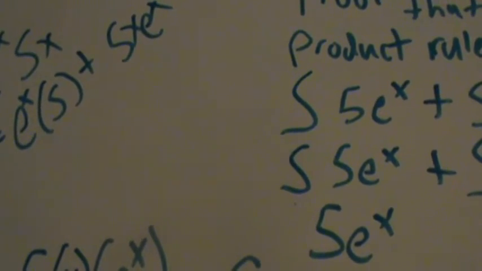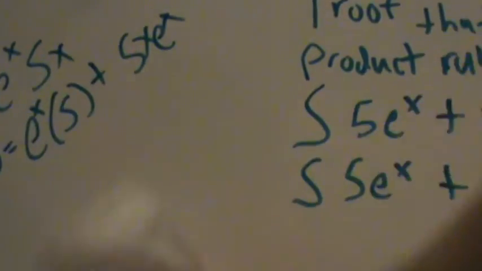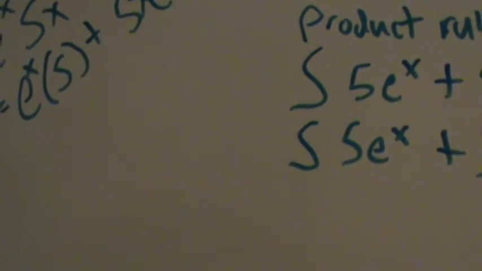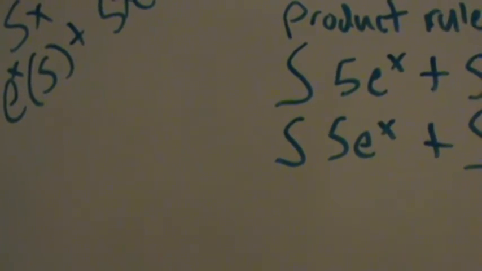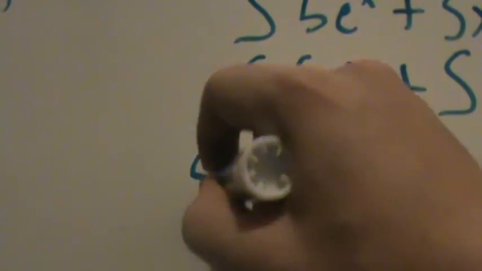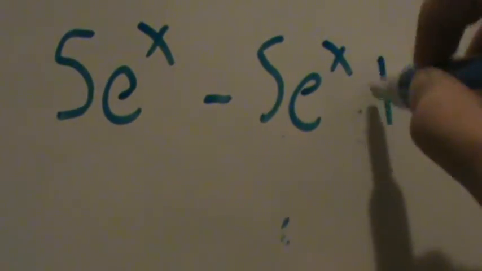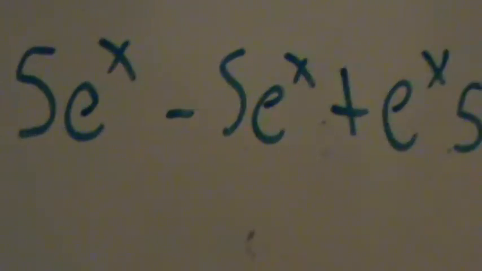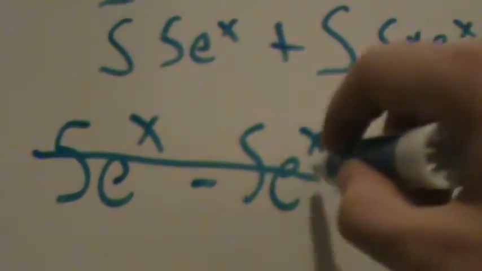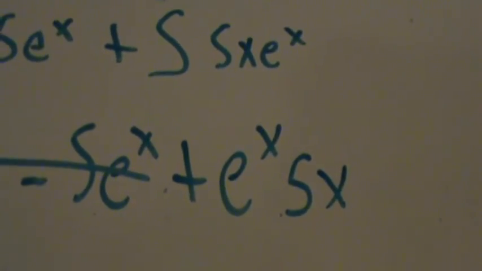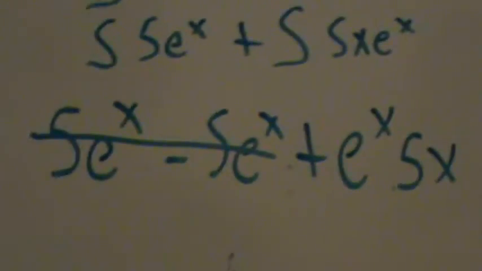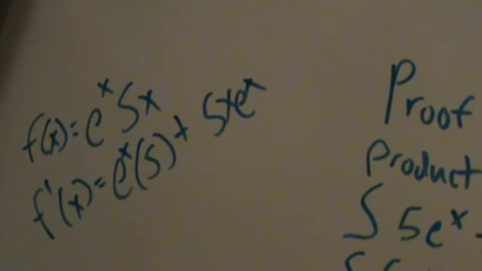So when we calculate the entire function out, we basically get 5e to the x minus 5e to the x plus e to the x 5x. So we get this, and obviously these two cancel, so this is what we end up with: e to the x 5x.